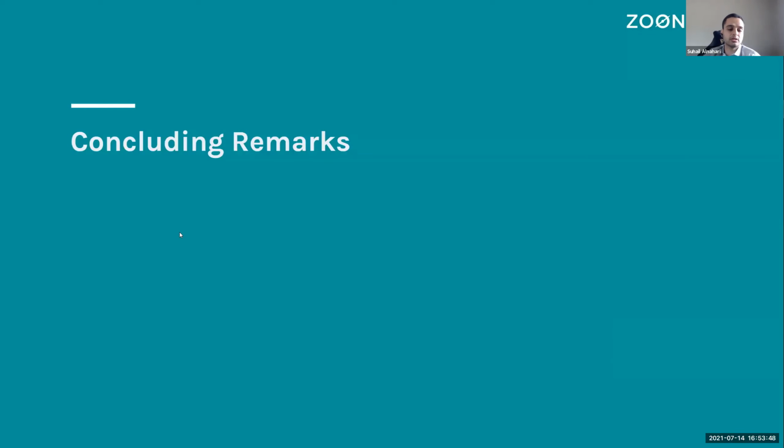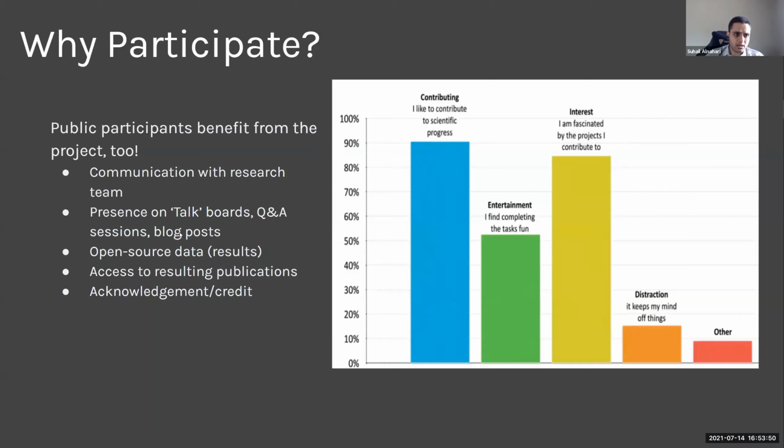So some concluding remarks. Why would our volunteers participate? Because of the communication with the research team, the live discussion, the presence on talk boards, the Q&A sessions, the open source data that they give the researchers and that they see, the access to results and publication, and then the acknowledgement and credit of the work that they've done.